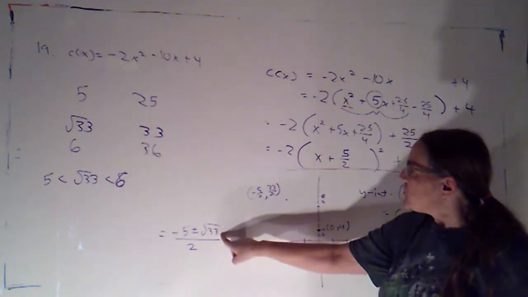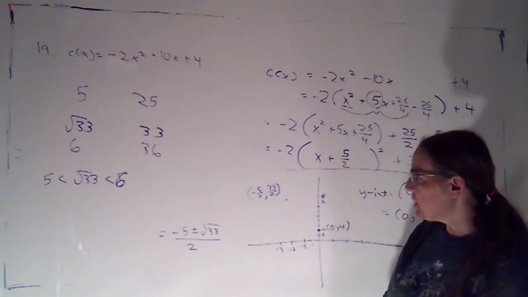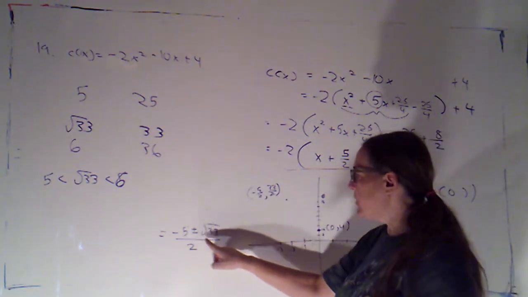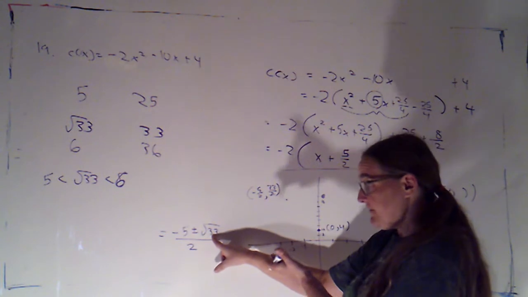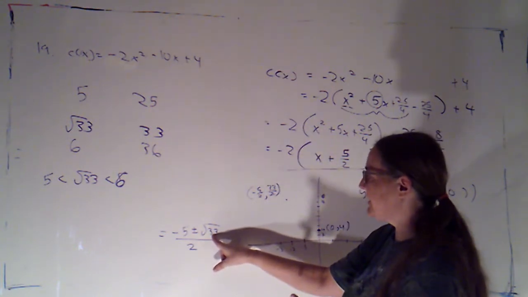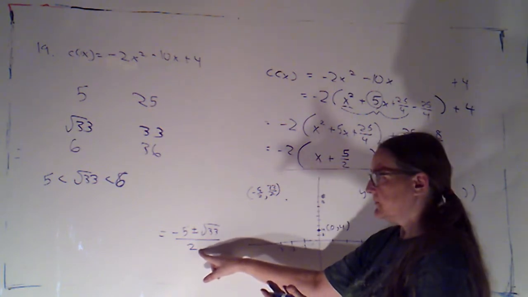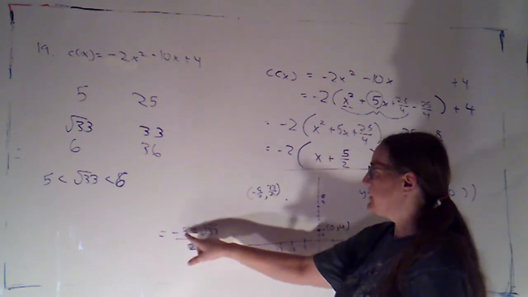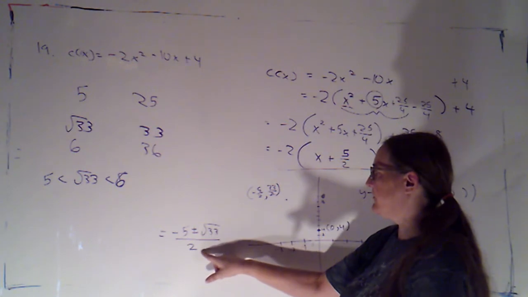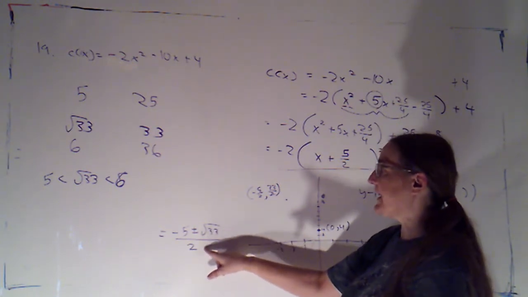Okay. So if I take a look, if I were to say this was 5 here, -5 plus 5/2, that would give me 0. If this were 6, this would become -5 plus 6/2, that would be 1/2.